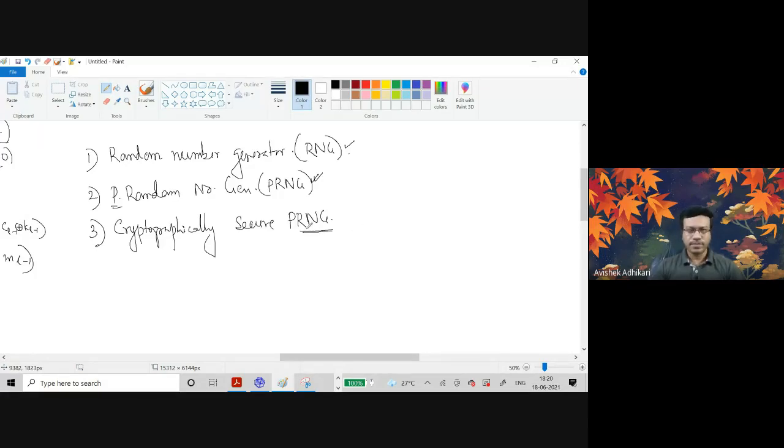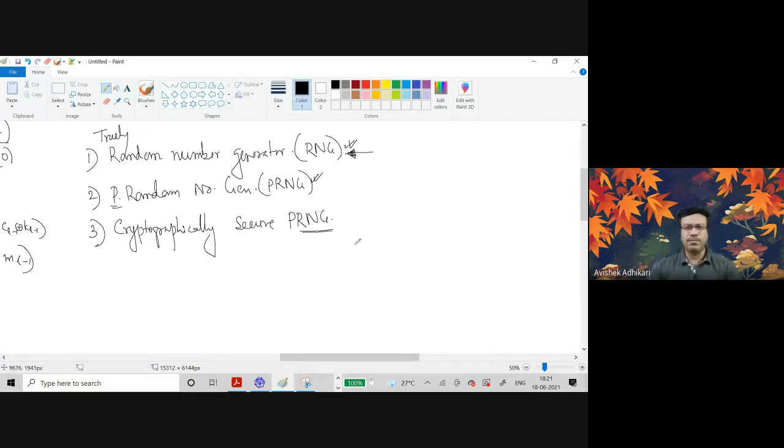Okay. So what is an example of a random number generator? For example, if you make a coin toss, you will get a sequence of zeros and ones, and that would be a random event. You can associate that with a truly random number generator.